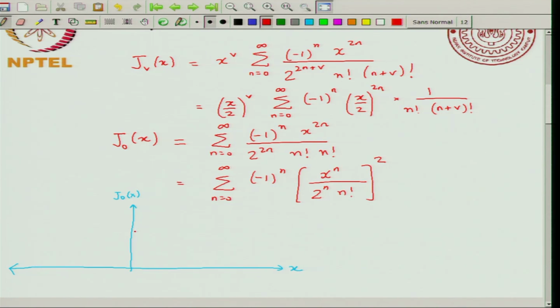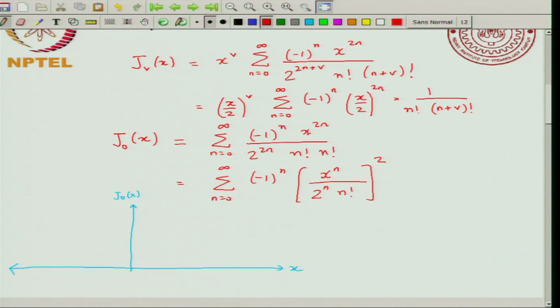When x is equal to 0, x raised to 2n is 0, so the only term that contributes is the n equal to 0 term.